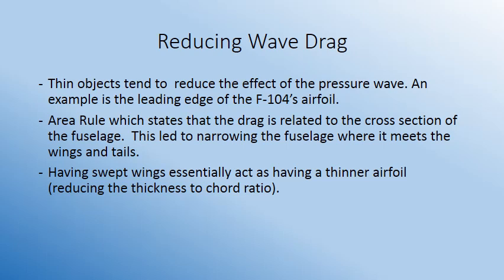The area rule implies that there should not be any abrupt change in the cross-sectional area along the longitudinal axis of the aircraft, because the wave drag is proportional to the change in that cross-sectional area. Swept wings essentially act as if the wing was thinner by reducing the thickness to chord ratio. Also, they decompose the flow over the wing into components, which reduces the flow's speed.